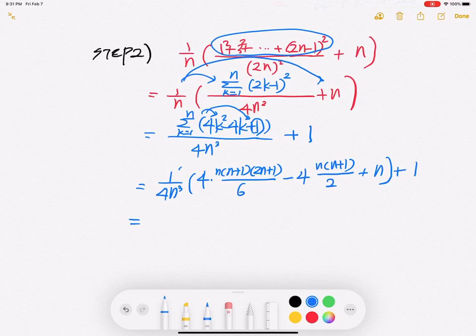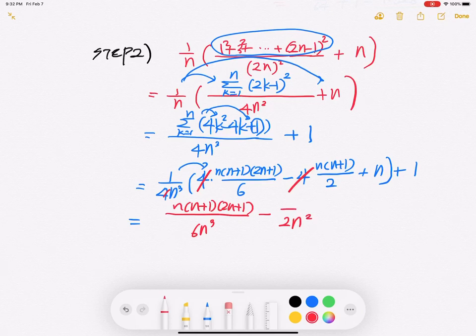And then distributive property by 1 over 4n cubed. 4 and 4 cross out. So n times n plus 1 times 2n plus 1 over 6n cubed. And then the 4 and 4 cross out, so negative 2n squared over n plus 1, and n, n, n cancel out.